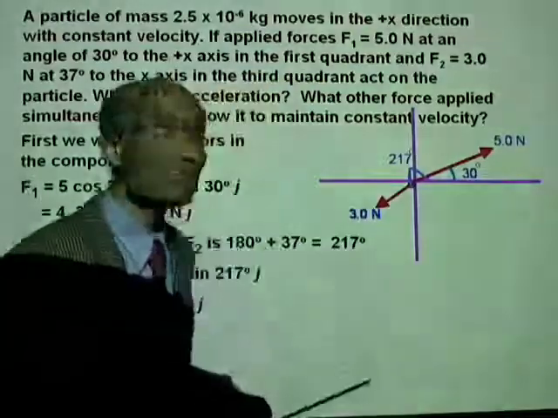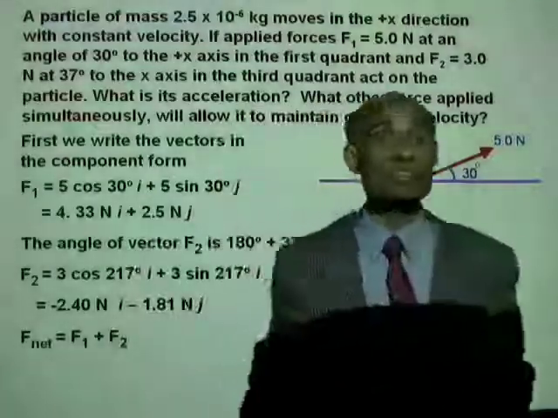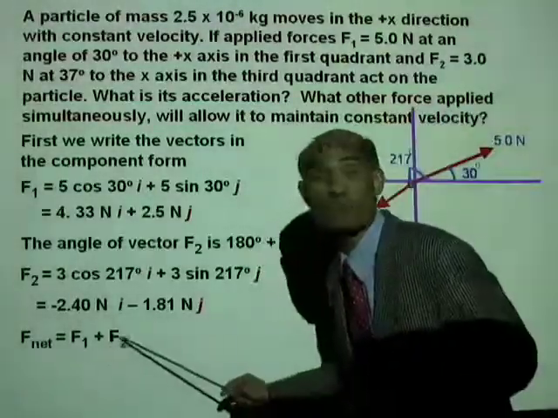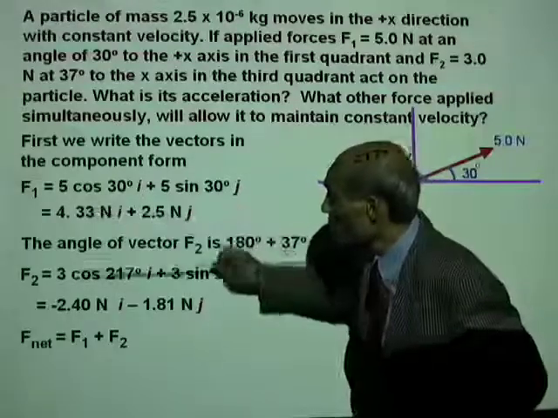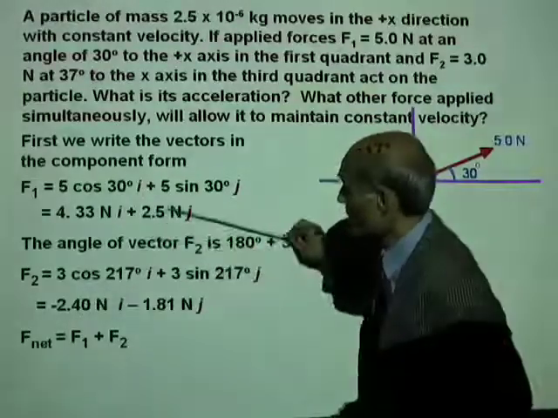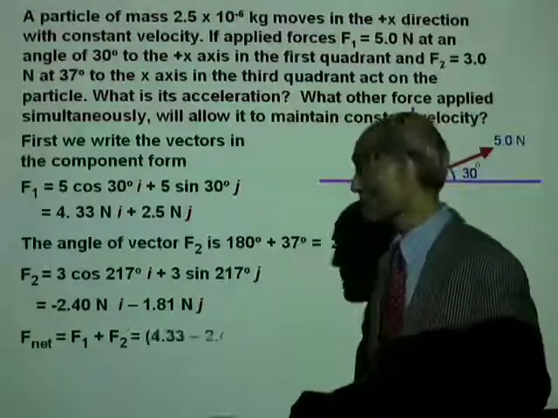Can you add these forces now? Yes. The net force F net is F1 plus F2. So in adding, we add the x components and then the y components. Yeah, you are familiar with it, is that right?